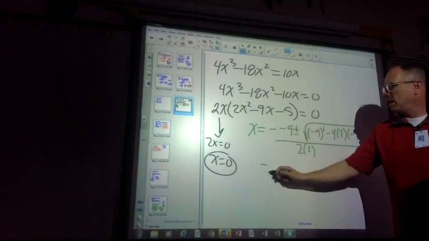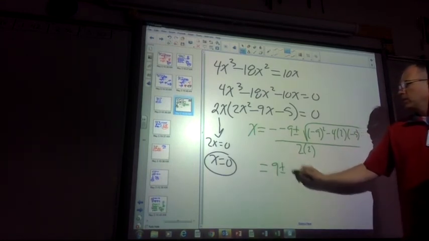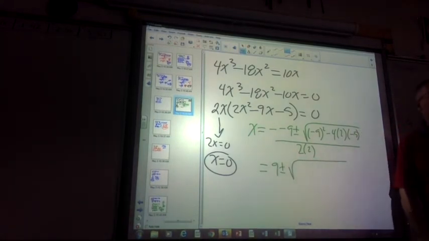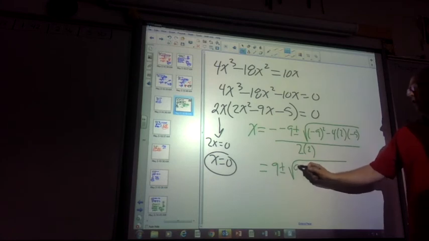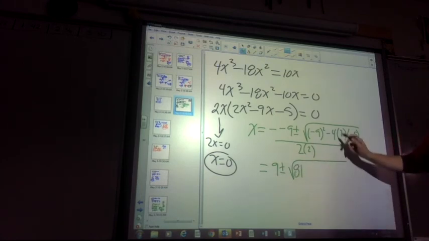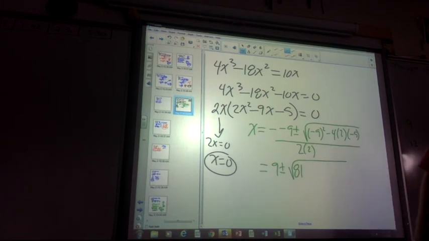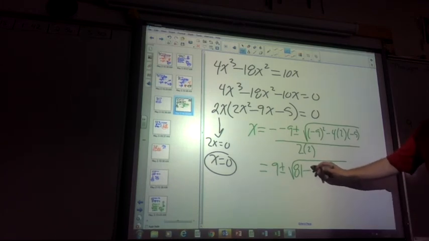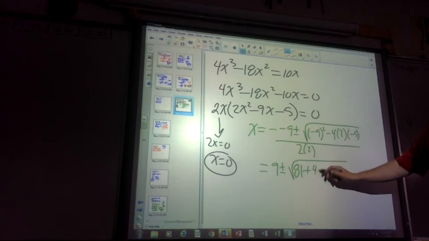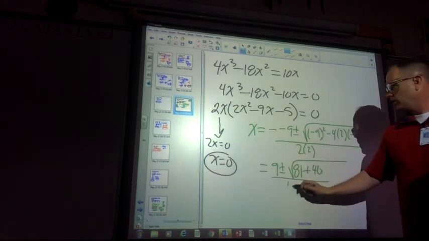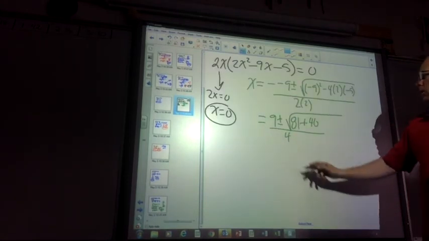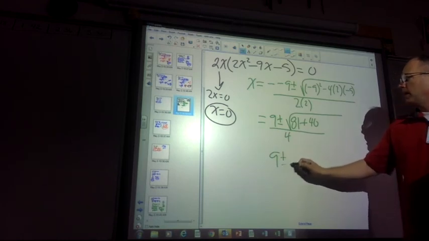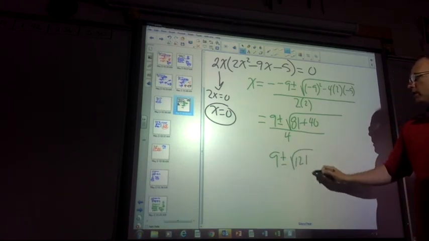That's going to give me 9. Negative 9 times negative 9, we all know it to be 81, even if our calculator tells us it's negative. Negative 4 times 2 is negative 8. Negative 8 times negative 5 is going to be positive 40. Oh, cool. So 9 plus or minus root 121 over 4.